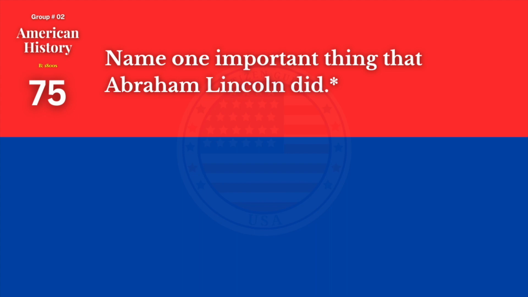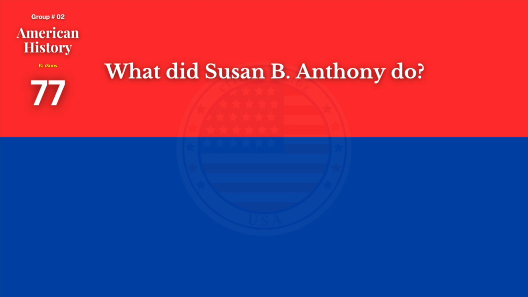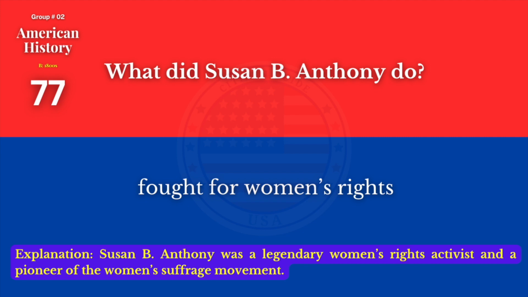Name 1 important thing that Abraham Lincoln did. Freed the slaves, Emancipation Proclamation. What did Susan B. Anthony do? Fought for women's rights.